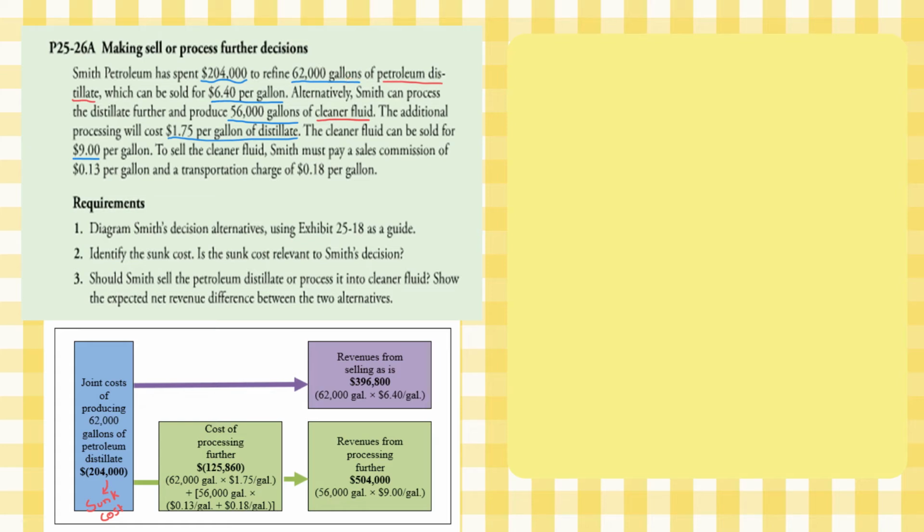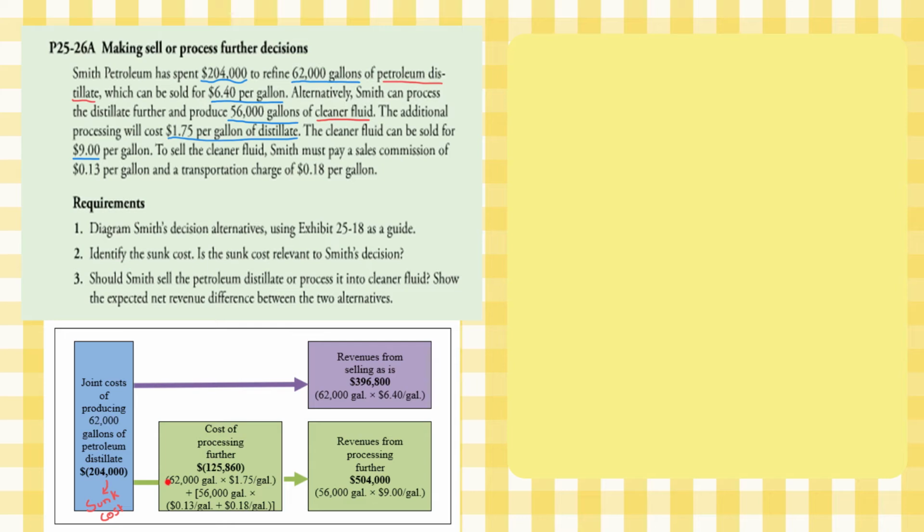Also, I'm going to pay sales commission 13 cents per gallon and transportation charge 18 cents per gallon. To sell the cleaner fluid, I must pay these two. So I need to multiply these two with cleaner fluid number of gallons, which is 56,000 gallons.